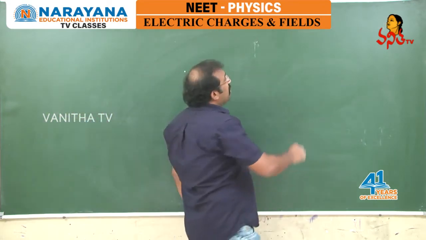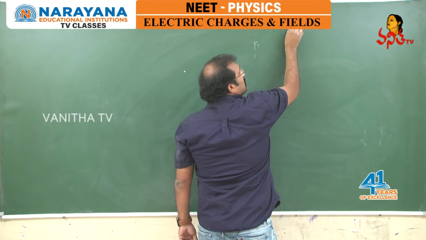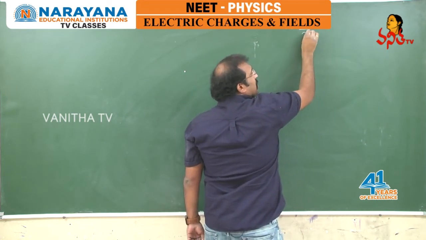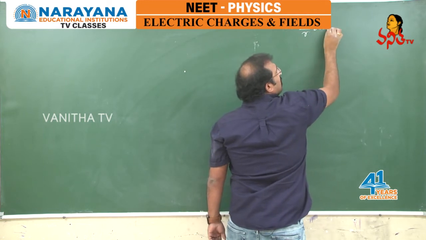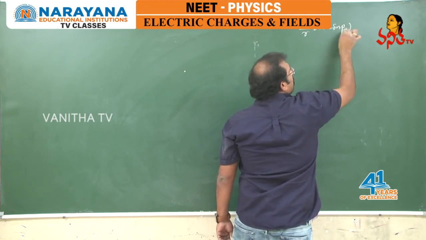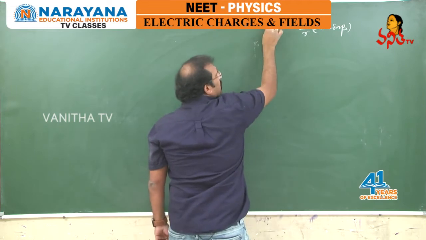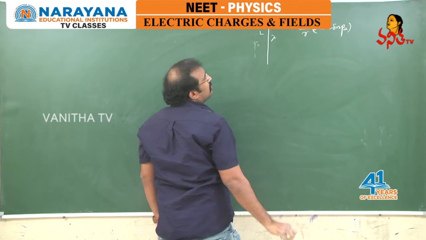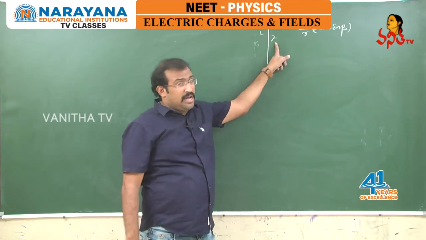So we have found Ex as k lambda by r into sin alpha plus sin beta for a linearly charged wire of length L of charge density lambda.